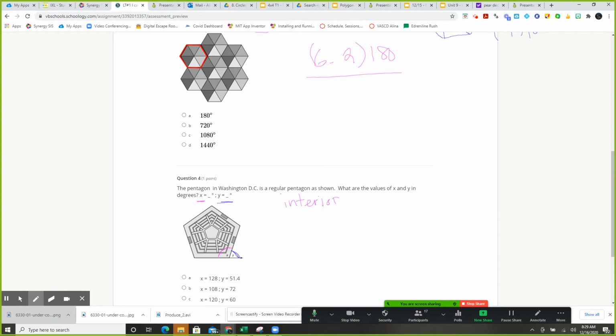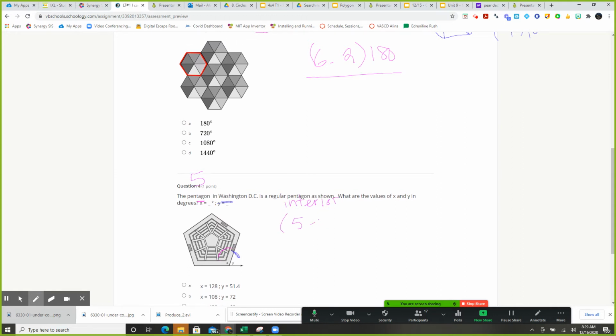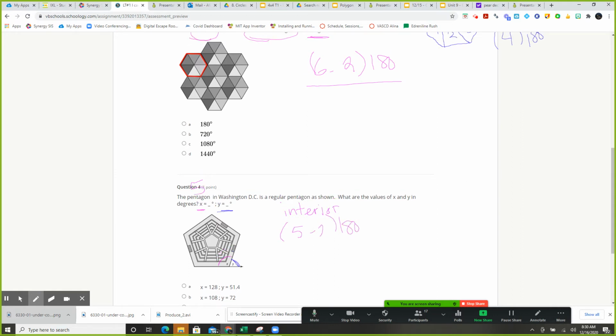How many sides in a pentagon? 5. So my n is 5. 5 minus 2 times 180. And then I have to divide by the number of angles, because there's 5 of them, right? So n minus 2 times 180 gives me the total. And if I want each, I need to divide it by n again.